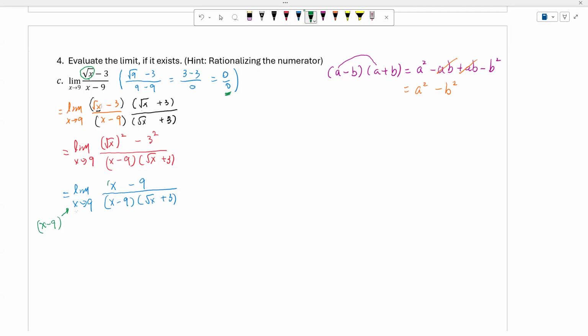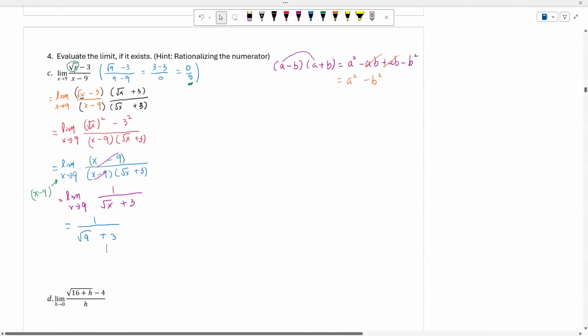This is exactly what happened here. Then I will have the limit as x approaches 9 of 1 over square root of x plus 3. Now I put 1 over square root of 9 plus 3, so it will be 1 over 3 plus 3. So the answer will be 1 over 6.